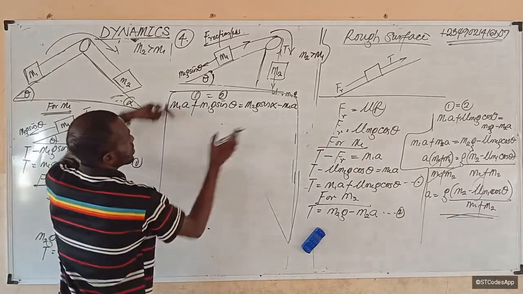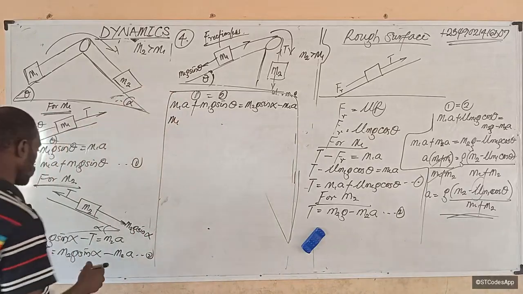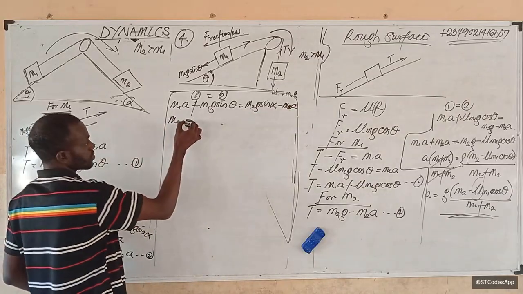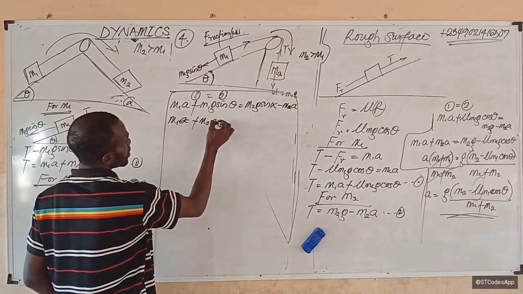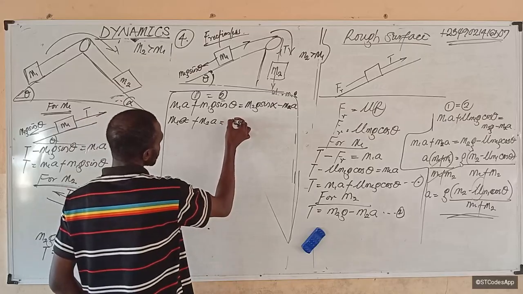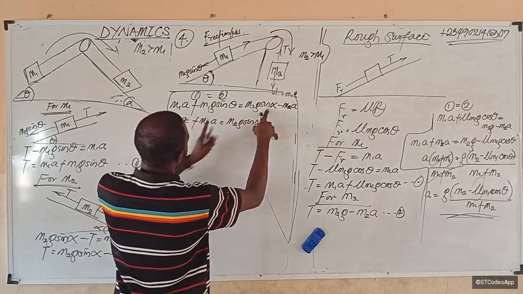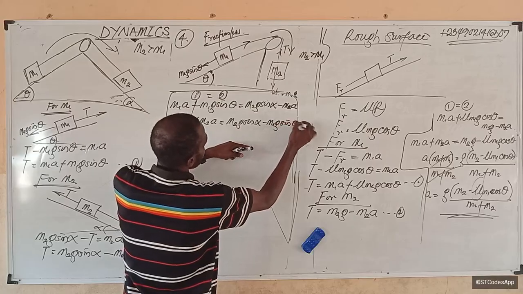So collect the MAs together, sorry, use M2A. Just make sure you are not making any mistake. M1A plus M2A is equal to M2G sine alpha, what we met there, minus M1G sine theta.